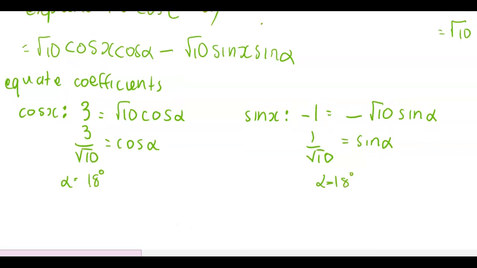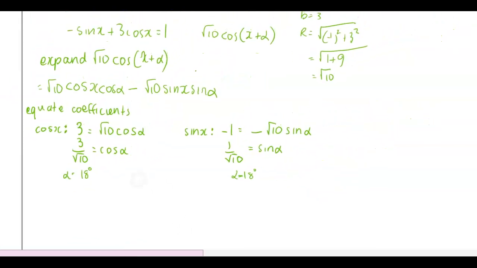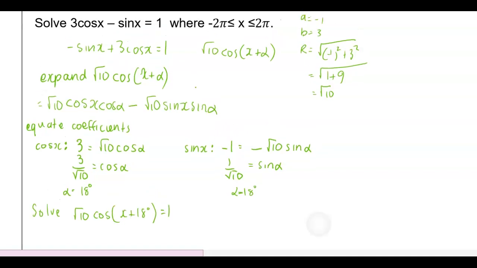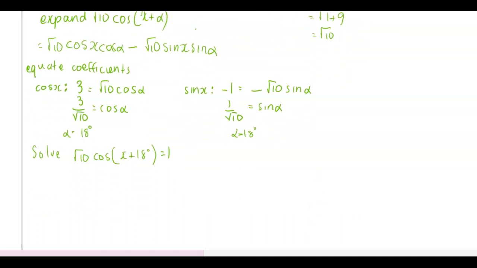Okay, so if we pop that into our equation, now we can solve it. I've got that root 10 cos of x plus 18 degrees is equal to 1. However, note that our domain up the top there was given in radians, so I need to pop this into radians, because we can't change that around.